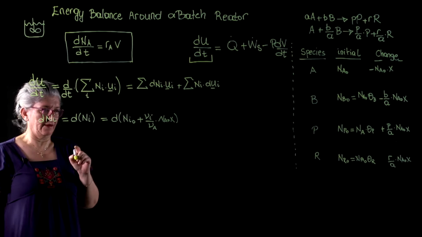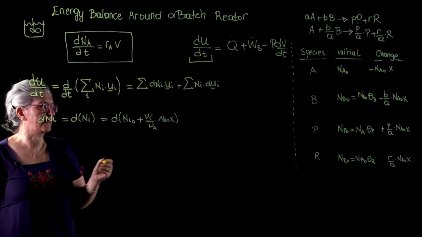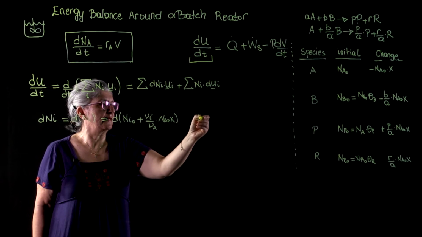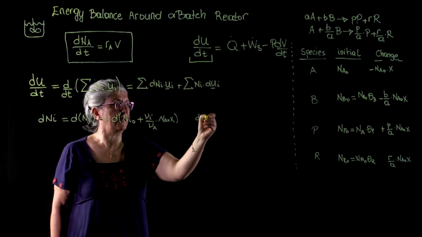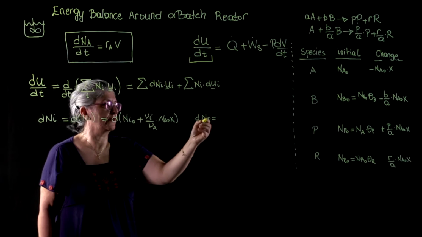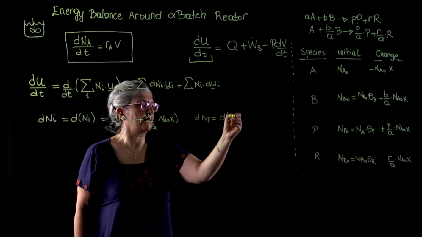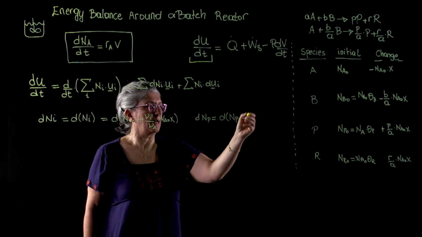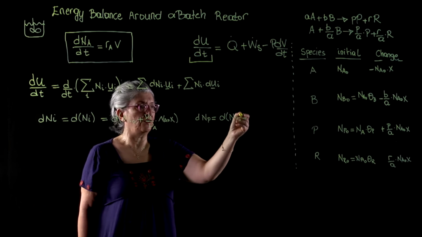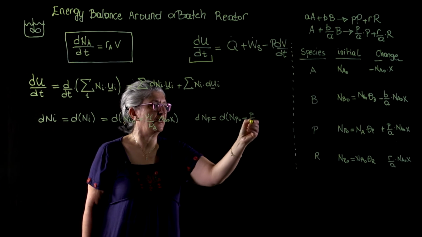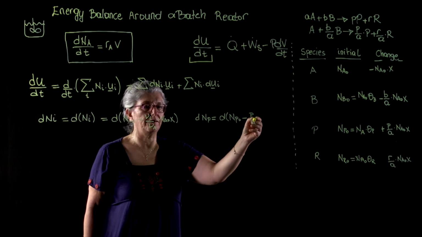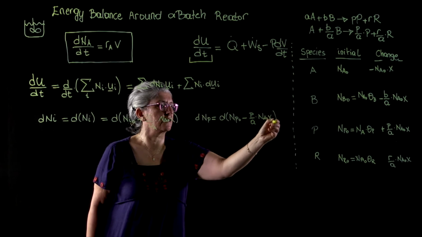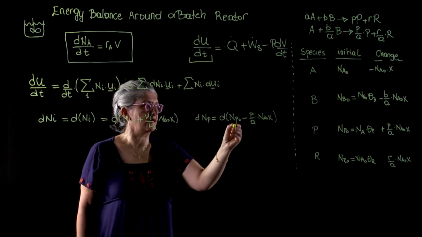So if we clarify this for a sample species, say for example d nP, this is d of nP0 plus, nu i is p, nu A is minus a, therefore we have minus times NA0 x. This is a constant.